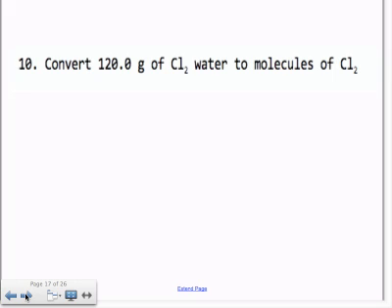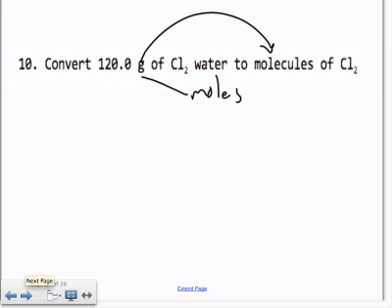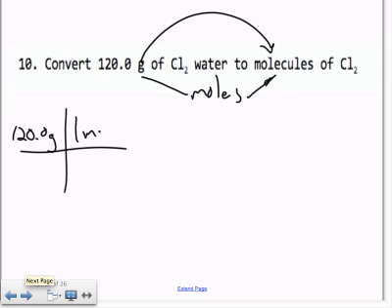All right, we're going from grams to molecules. So again, we've got to go through moles. All the conversions have to go through moles at some point. So 120 grams of chlorine. It says water there, get rid of that. It's a typo. So one chlorine atom has a molar mass of 35.5, so we're going to multiply that by 2. So Cl2 has a molar mass of 71.